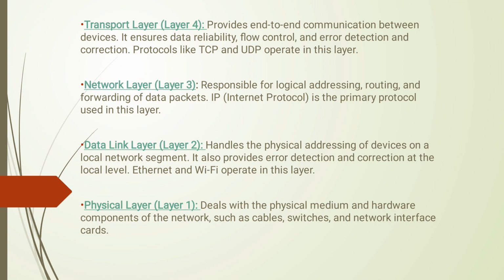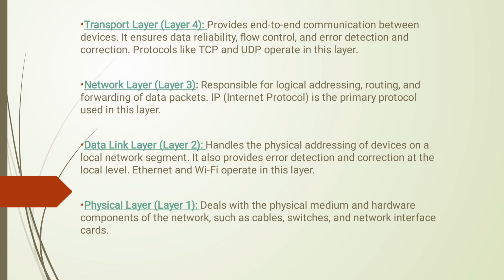The network layer, which is the third layer, is responsible for logical addressing, routing, and forwarding of data packets. The Internet Protocol is the primary protocol used in this layer. And the data link layer, the second layer, handles the physical addressing of devices on the local network segment, and it also provides error detection and correction at the local level.